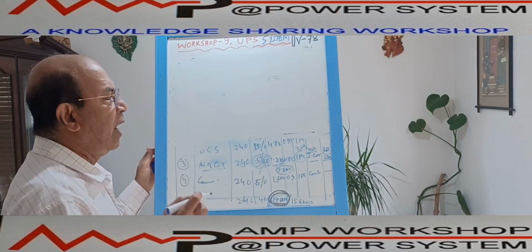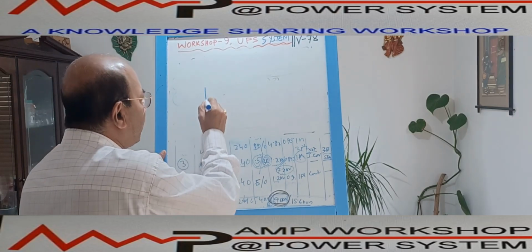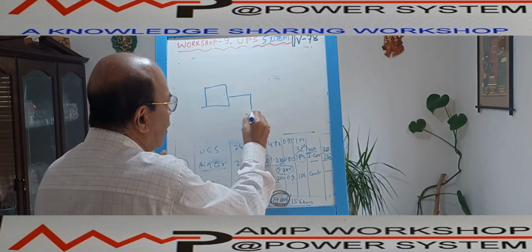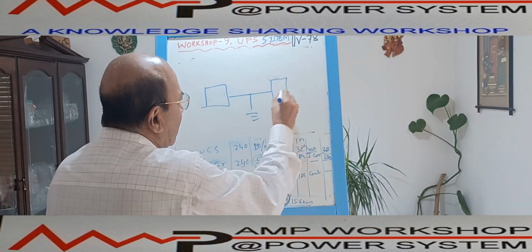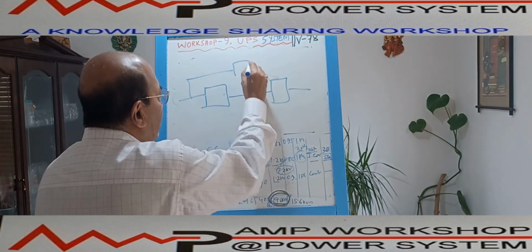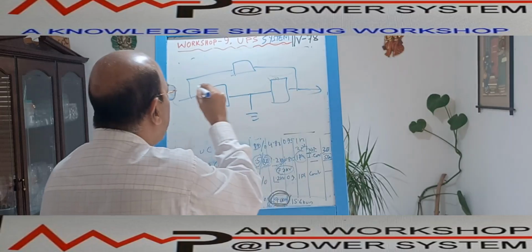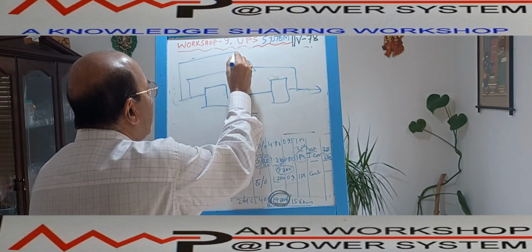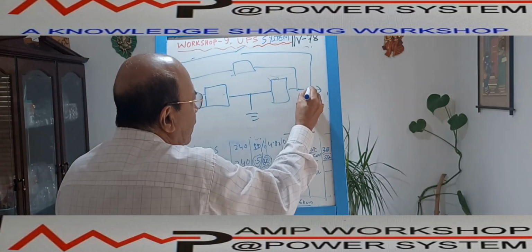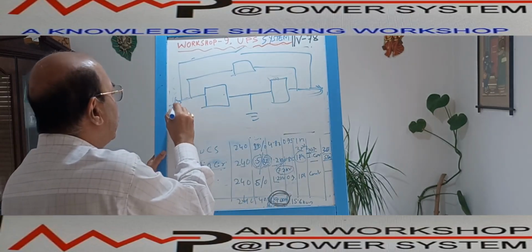In that case, what I'll do, we have seen the UPS configuration. This is our UPS configuration, right? And we have a bypass and it is going over here. This is the load, and then we have a maintenance bypass, right? This is the maintenance bypass. It is connected to the source.